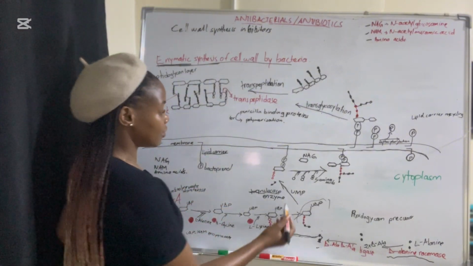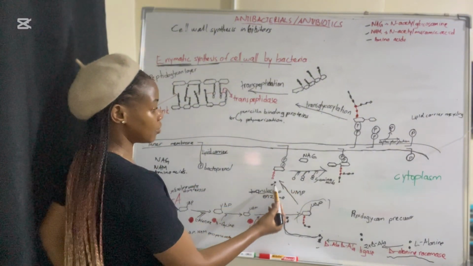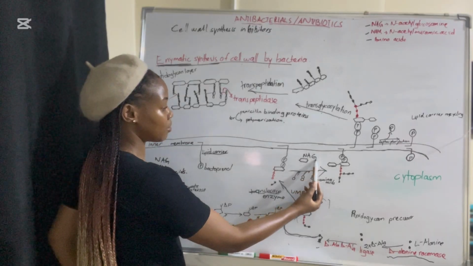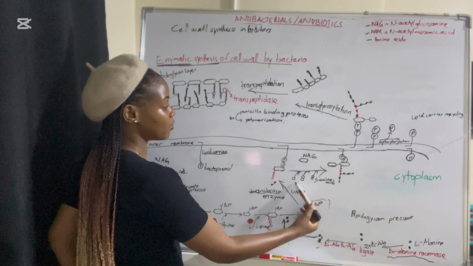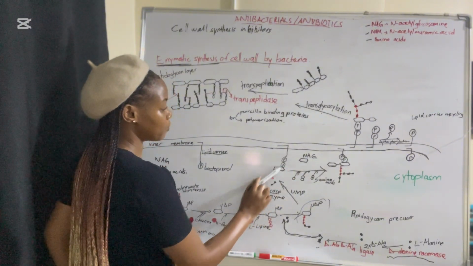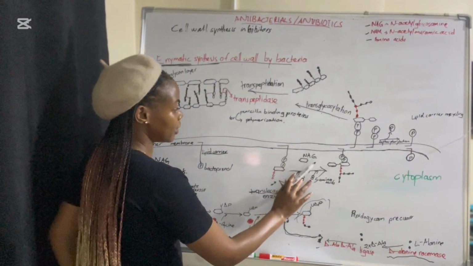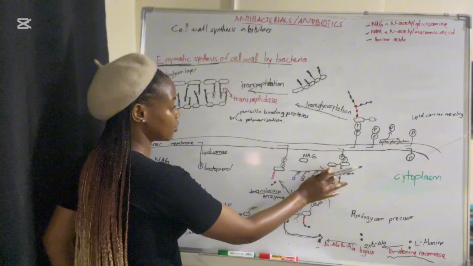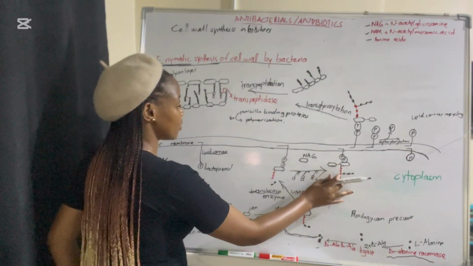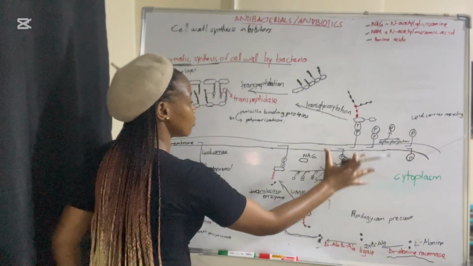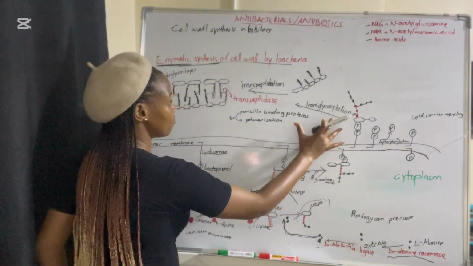After adding it onto the bactoprenol, other sugars such as N-acetyl glucosamine and five amino acids are sequentially added onto the growing peptidoglycan layer, where this bactoprenol now transports the growing peptidoglycan precursor from the cytoplasm to the outside of the membrane.